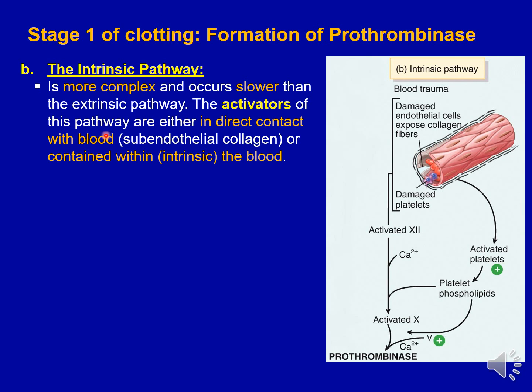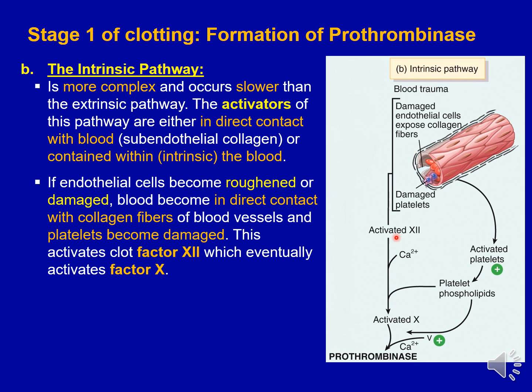The activator of the pathway is the direct contact of the blood with the subendothelial collagen. When the blood comes in contact with the collagen present in the wall of the blood vessels, there is activation of factor 12.